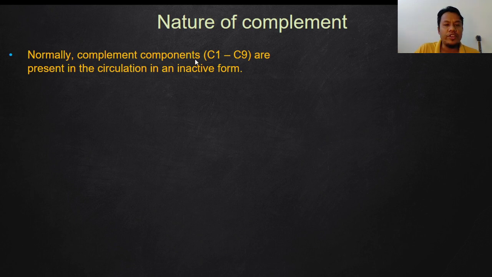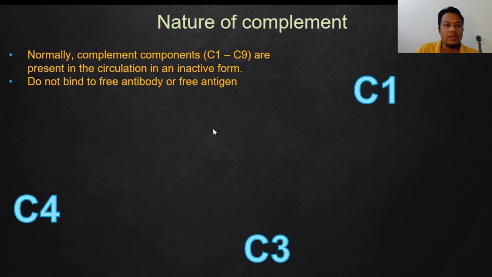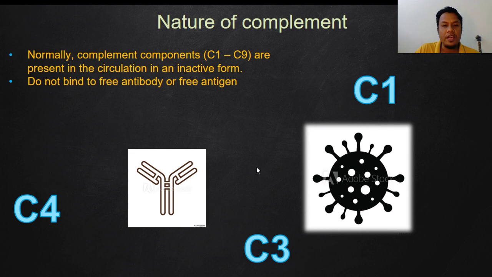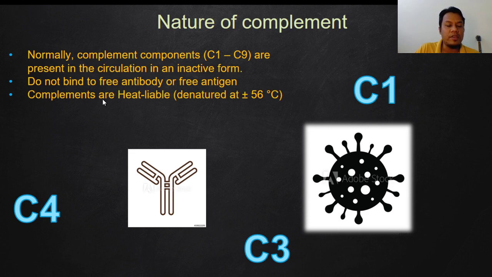Normally, complement components from C1 to C9 are not present in circulation in an active form. They are inactive all the time, and they do not bind to free antibody or free antigen. We also need to be aware that complements are heat labile.